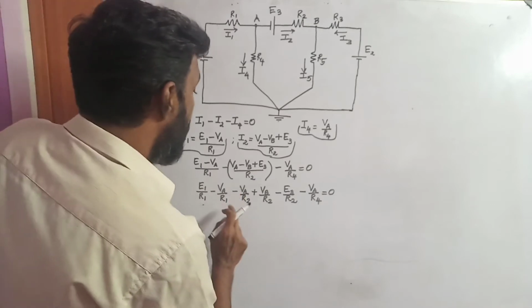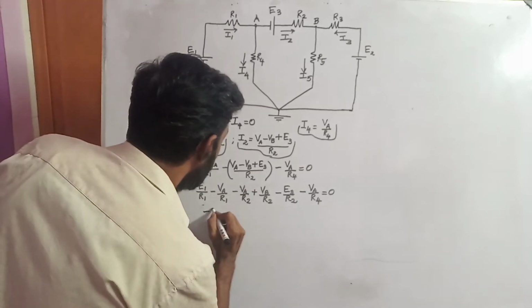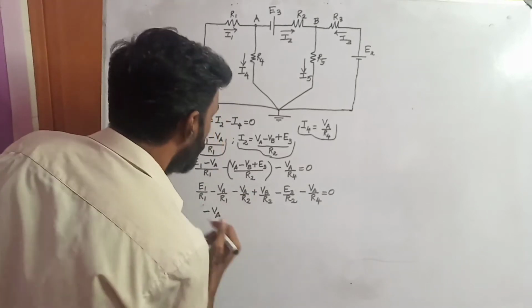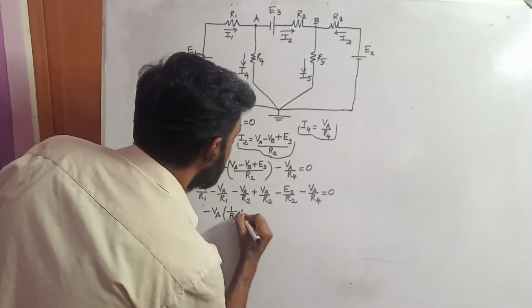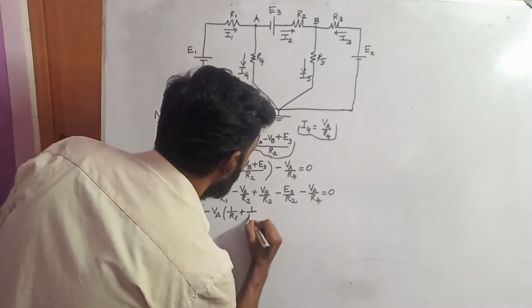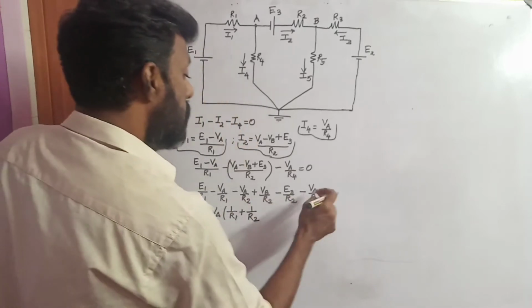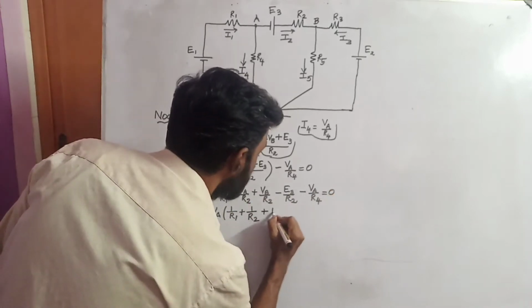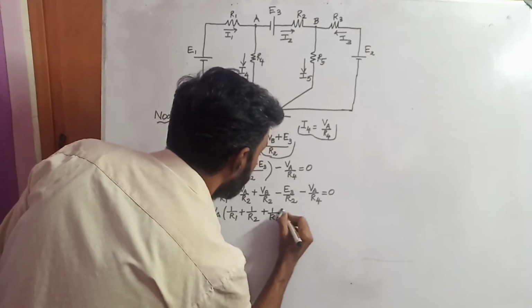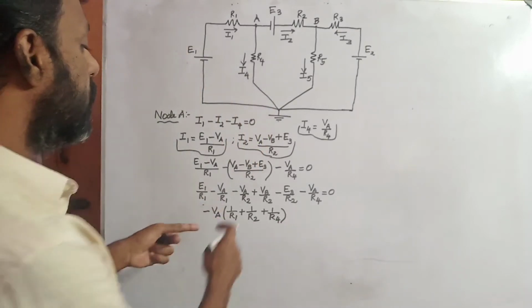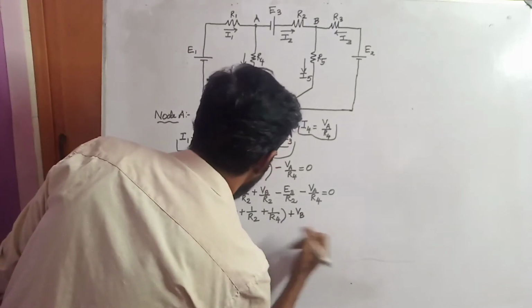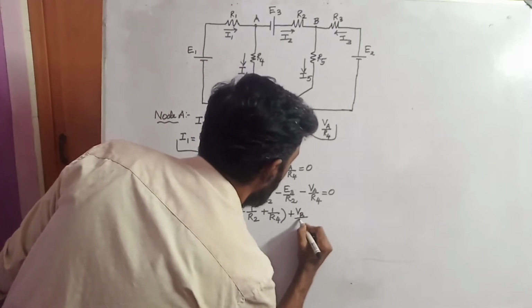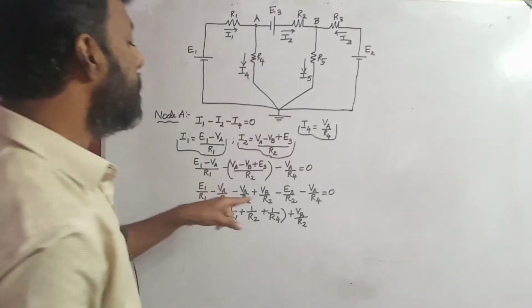So I have minus VA. Taking minus VA outside, I'll be getting 1 divided by R1 plus 1 divided by R2 plus 1 divided by R4. So minus VA. So next I have VB plus VB divided by R2.